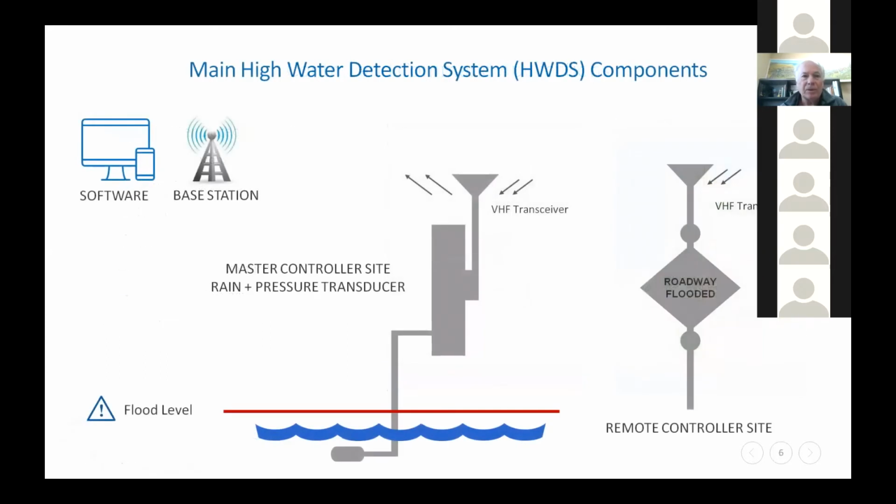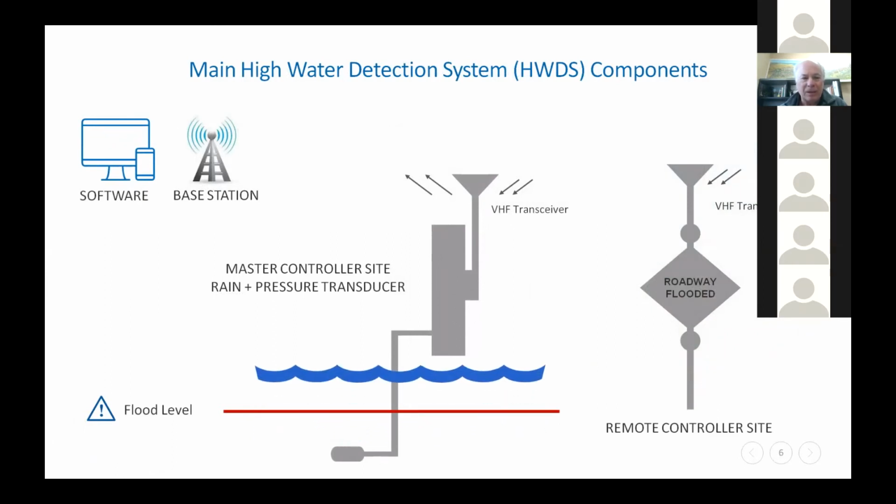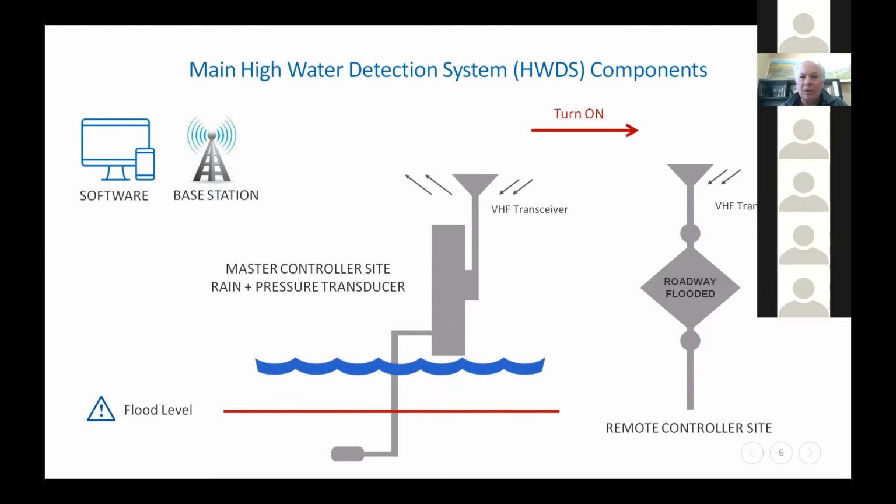So here's just a real quick illustration of what I just said verbally. The water level comes up, you exceed a threshold, and you send a command to what we refer to as the remotes, or sometimes flashing beacons. It confirms that it's on.